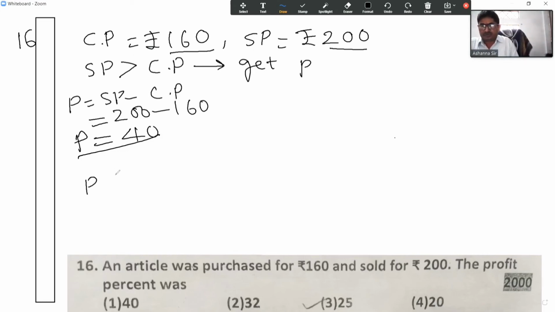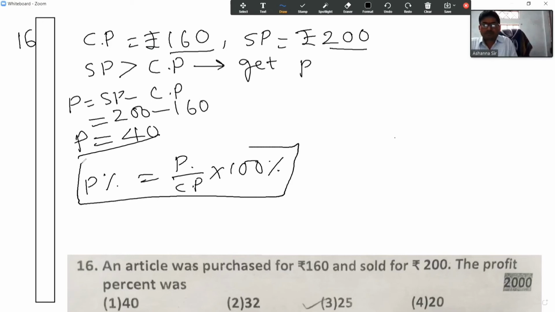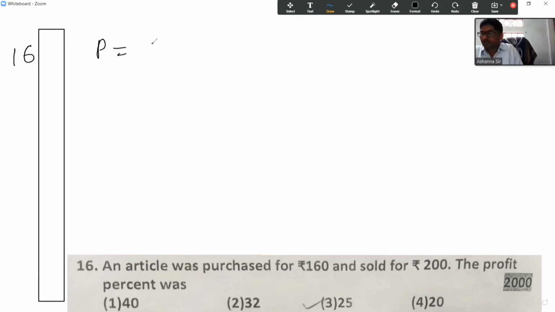Profit percent is equal to profit by cost price into 100%. So this is the formula. So profit we got 40 rupees, cost price 160 rupees, into 100%.